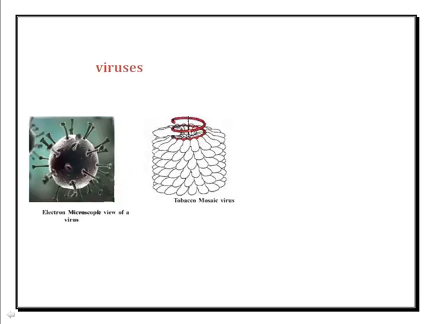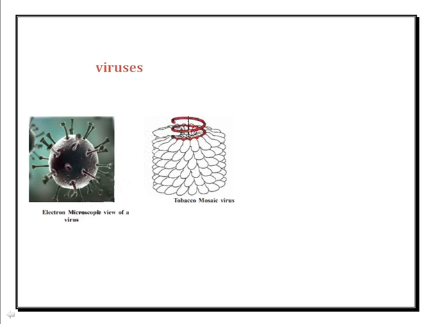Viruses are an interesting type of microorganisms. They behave like non-living things when they are outside a living cell. But they behave like living organisms when they are inside host living cells, such as bacteria, plant and animal cells, and multiply.